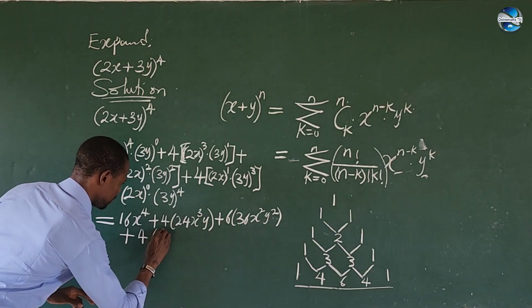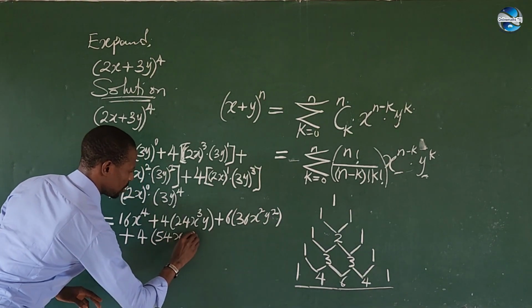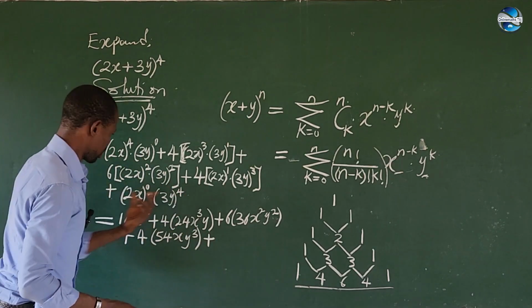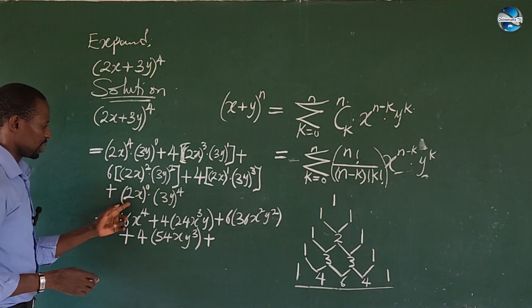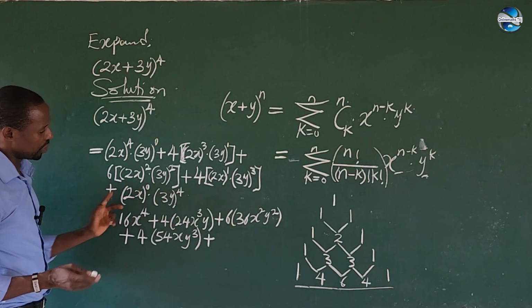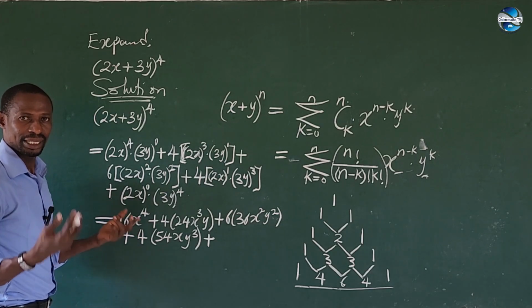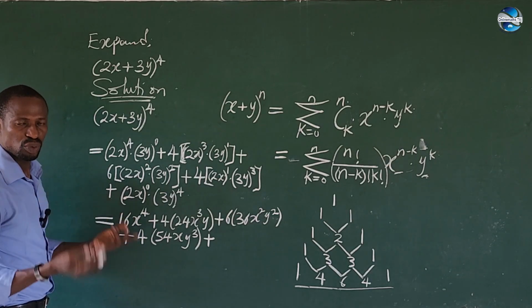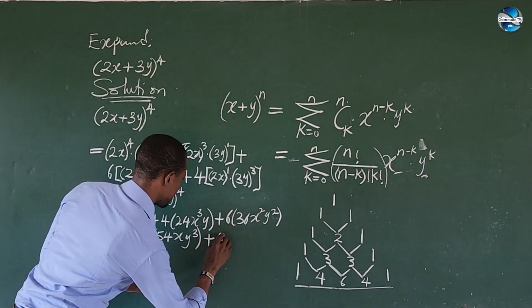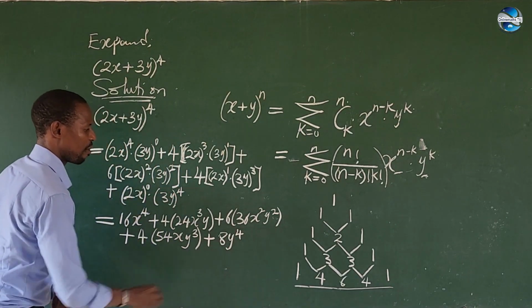So we have this to be 54x, y to the power of 3, close bracket, plus. Then we come to the last term here. Anything to the power of 0 will give us 1. The 3 to the power of 4 will give us 81, because 3 times 3 is 9, times 3 is 27, times 3 is 81. So we have here 81y to the power of 4.